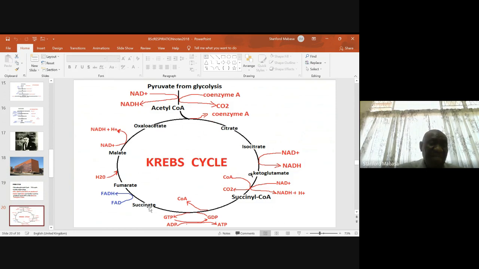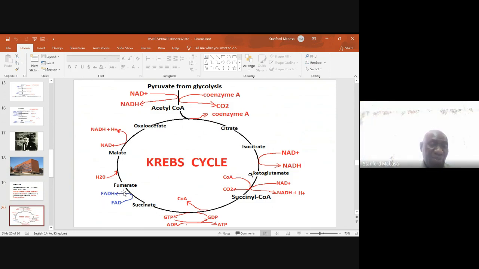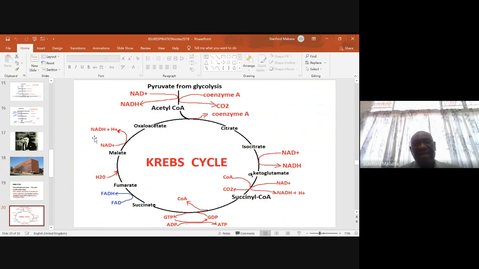Then from succinate to fumarate, at this stage, another product, FADH, is produced from FAD. Water is added, then we have a malate. Malate yields oxaloacetate, and then the cycle will start again. Between malate and oxaloacetate, we're also producing NADH.